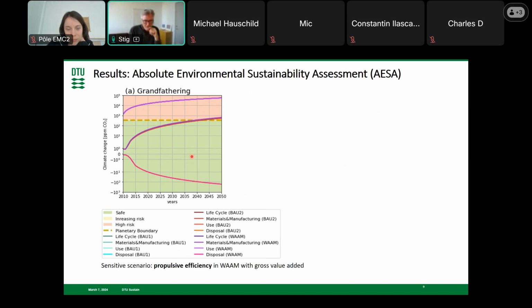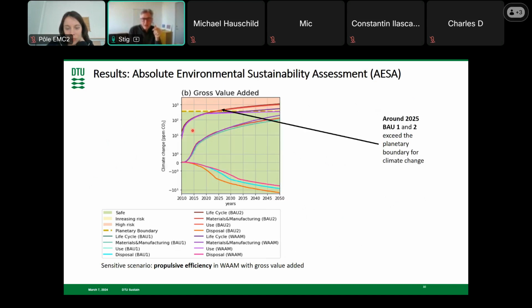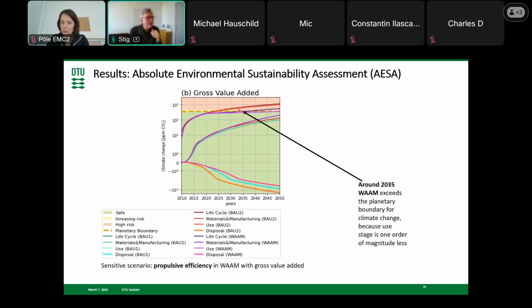Okay, so we did some sensitivity scenarios with propulsive efficiency and WAAM with the gross value added. And if we look at the gross value added here, we can see that in about 2025, the two business as usual scenarios will exceed the planetary boundaries for climate change, whereas the WAAM would exceed it a little bit later.